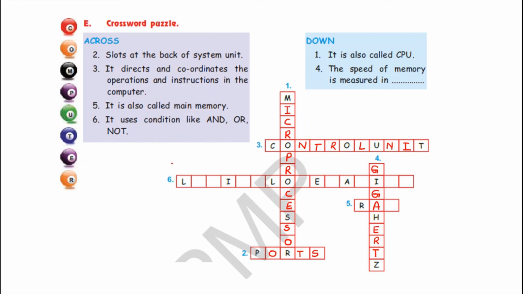Now, time for number 5. It is across. Number 5 is a word that will be filled across. It is also called main memory. You know, it is RAM. R-A, fill the letter M. Number 6, again it is across. And the hint is, it uses conditions like AND, OR, NOT.